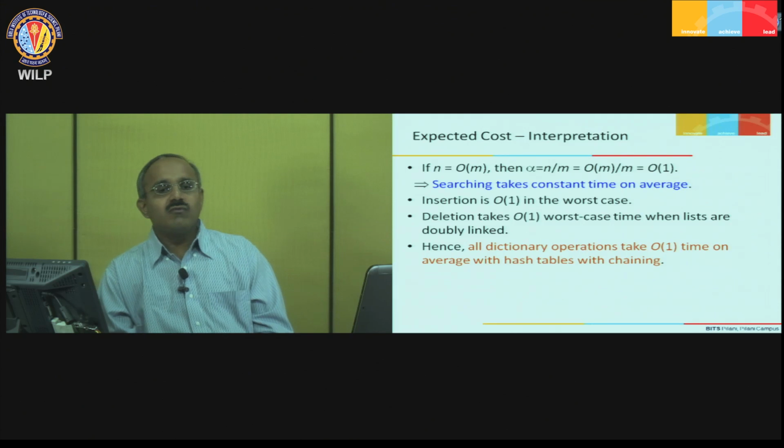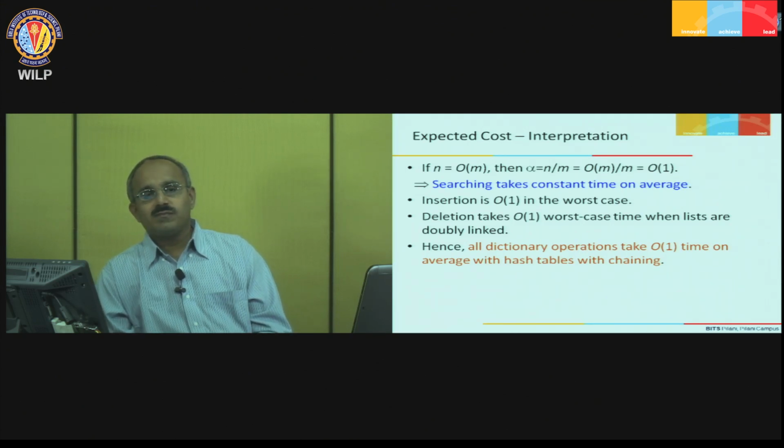That is the flip side of using hash tables, but if you have a good choice of m, then we have seen that on average your performance is going to be very efficient, in fact constant, and a substantial improvement over nonlinear data structures, where it was logarithmic in nature. Thank you.